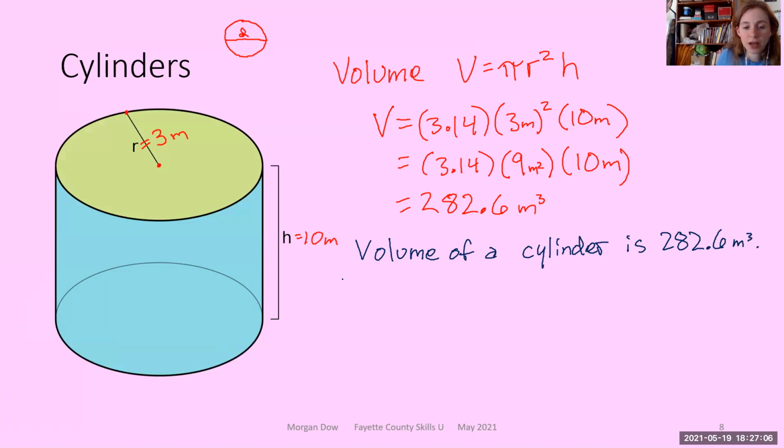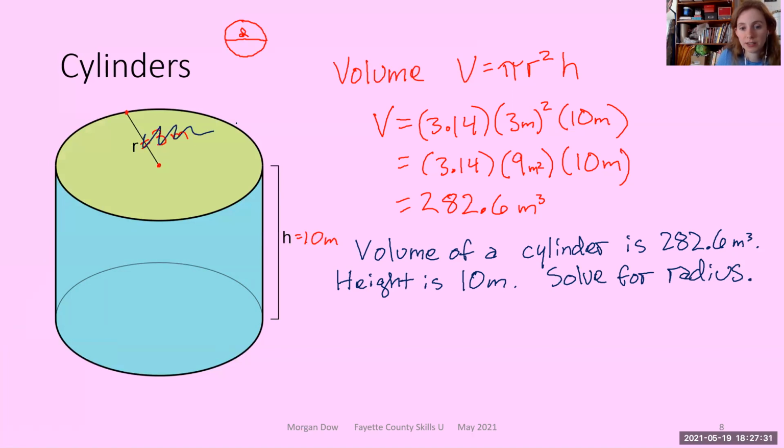And let's say the height of the cylinder is 10 meters. Solve for the radius. Okay. So we are pretending that we don't know the radius of this cylinder.